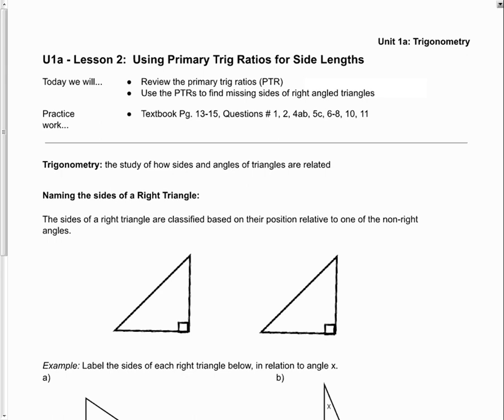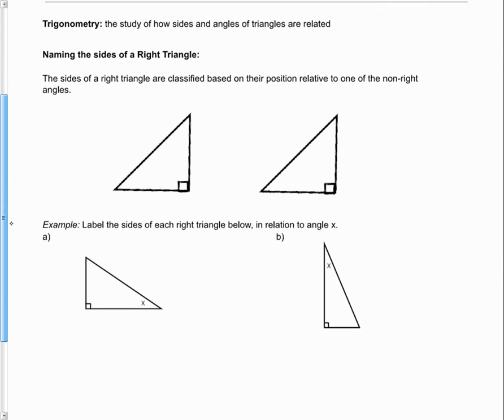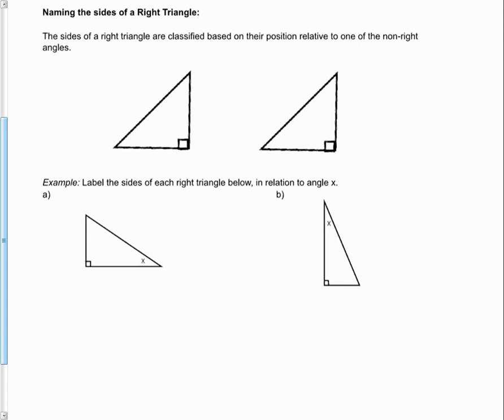The first thing we need to understand is how to properly name the sides of a right angle triangle. The sides of a right angle triangle are always categorized based on their position relative to one of the non-right angles. For example, in this particular triangle, let's say that this is my angle.